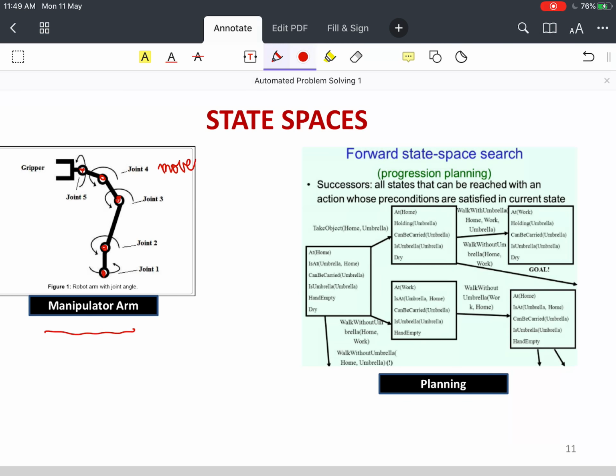Given a particular configuration, for every move, I will transfer from one state to another state. And by these sequences of moves, I am supposed to do pick up, put down, turn, and when there are multiple manipulators, I need to ensure that given a space, nobody hits each other.